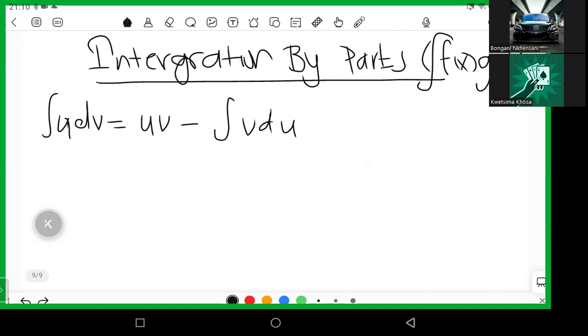So let me give you guys an example for this one. This is the formula that we're going to use if we want to integrate. This one is the general formula.